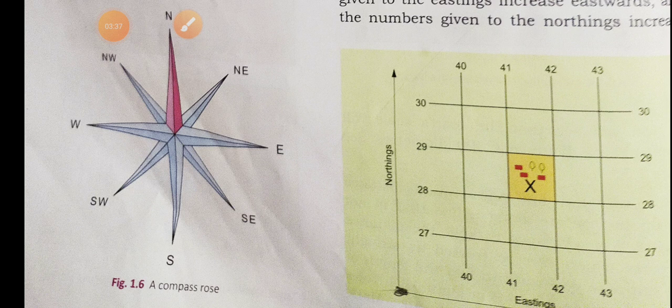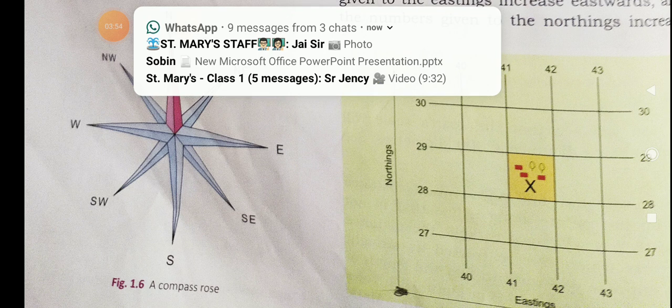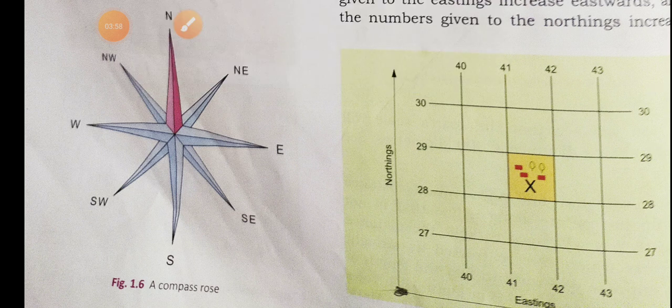And next we learned about the colors, and colors are used in a map to show certain kinds of features. Different colors we can see in the map, and each color indicates different things, right? For example, blue color shows the water bodies. In a topographic map every kind of feature is shown in a particular color.